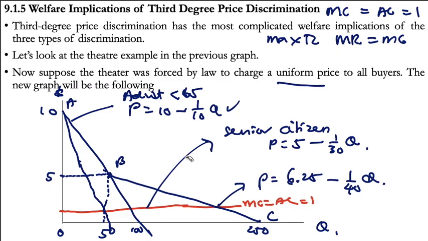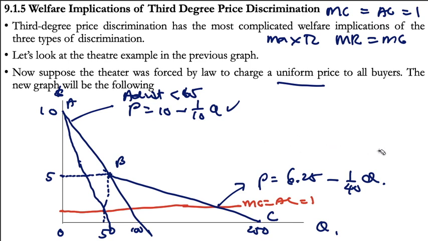So I don't need this, this, and this anymore. Then I should put the marginal revenue for the combined one.